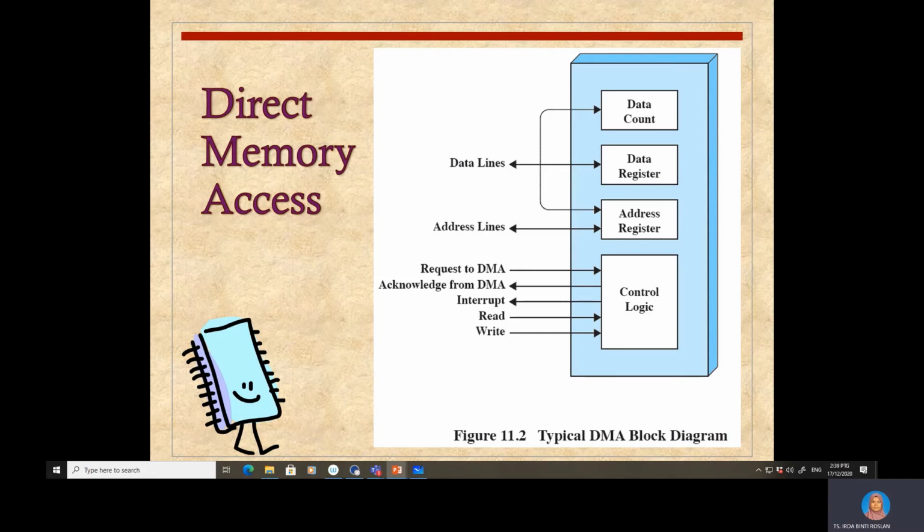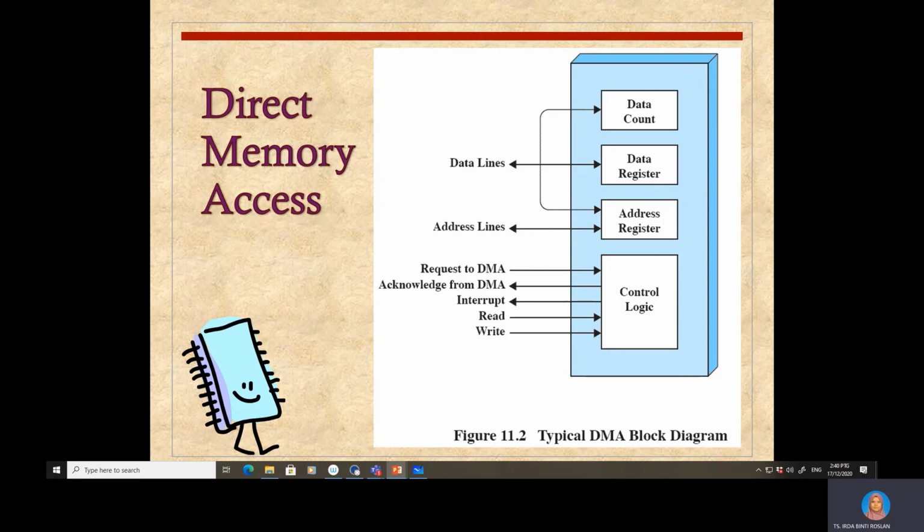After giving the command and information, the processor then continues with other work, and it has delegated the I/O operation to the DMA module. Now the DMA module will take control. It will transfer the entire block of data, one word at a time, directly to or from memory, without going through the processor.